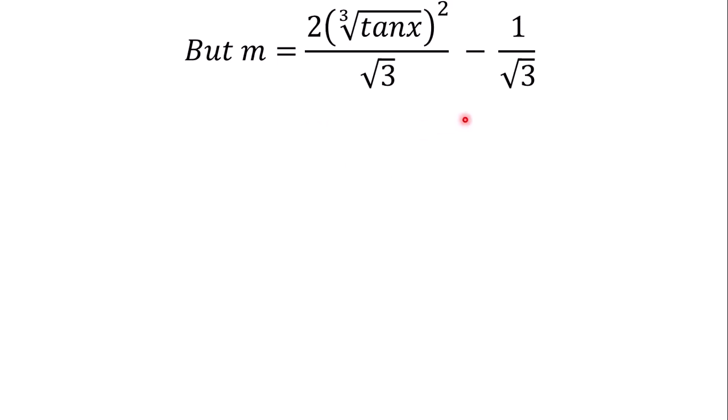So here m is equal to this. We are just going to square both sides so that the whole of m squared will be equated to something. Here is just m is equal to this. So when we put this one there, we have to bracket this and then square it again.